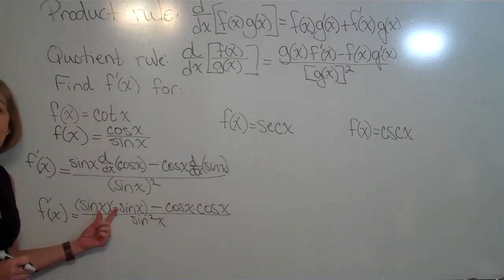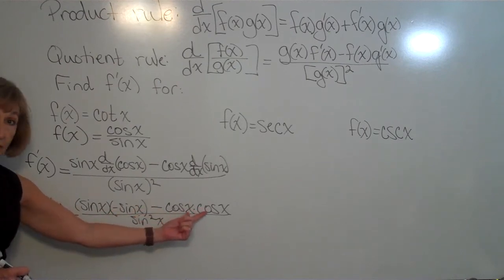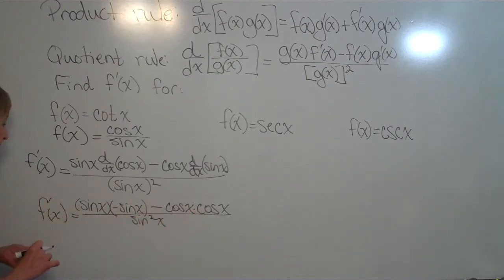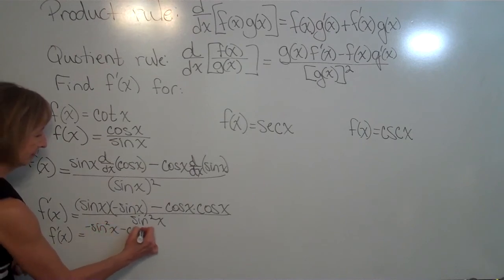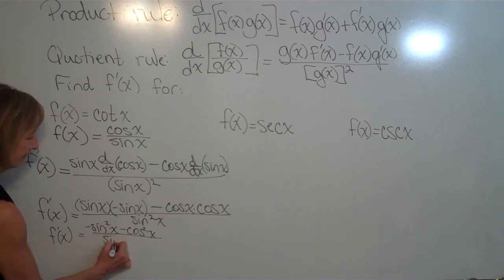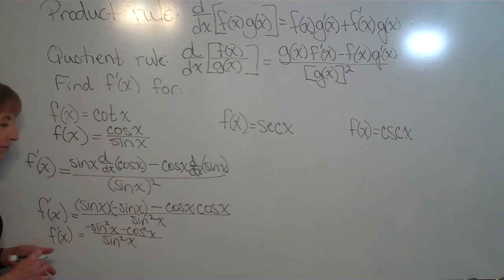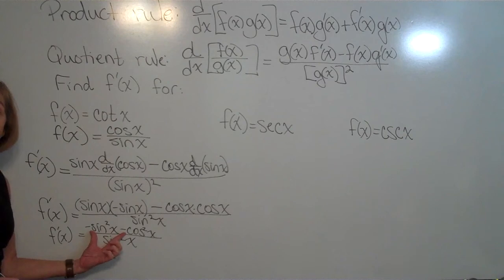Now simplifying this, I have negative sine squared x minus cosine squared x all over sine squared x. Then I have a common factor of negative 1 in the numerator that I can factor out.